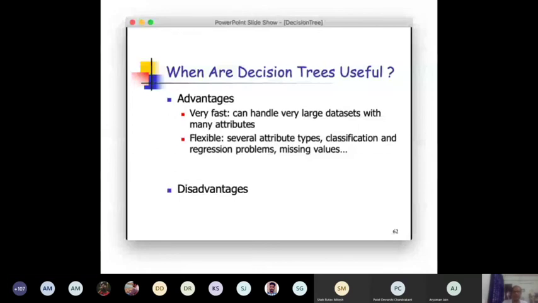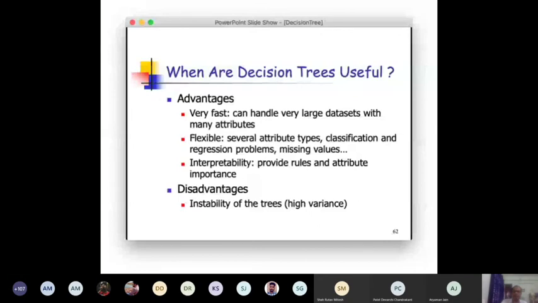It can handle versatile problems, and it has good interpretability because it provides a set of rules, which is very important. It provides a set of rules which you can apply over the data sets, over your instance space, to get a decision. But what are the disadvantages? First thing is that the trees are unstable.